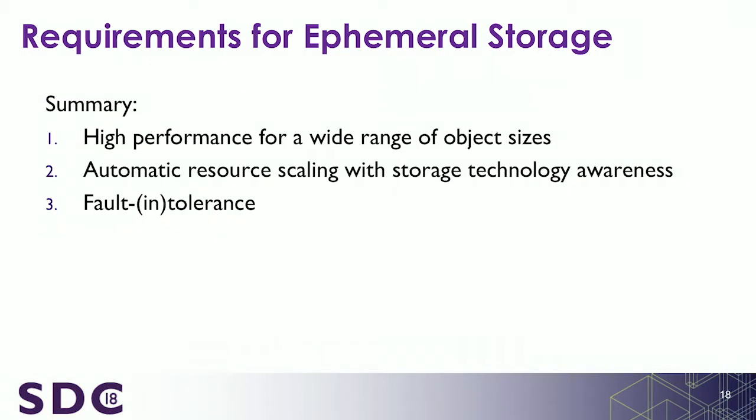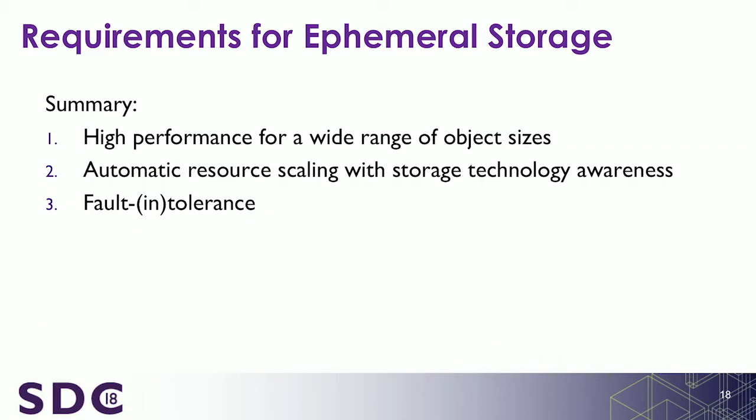So to summarize, the main requirements for our storage system are high performance for a wide range of object sizes, automatic resource scaling with an awareness of storage technology, and fault intolerance, meaning we don't have to have particularly high fault tolerance in this case.